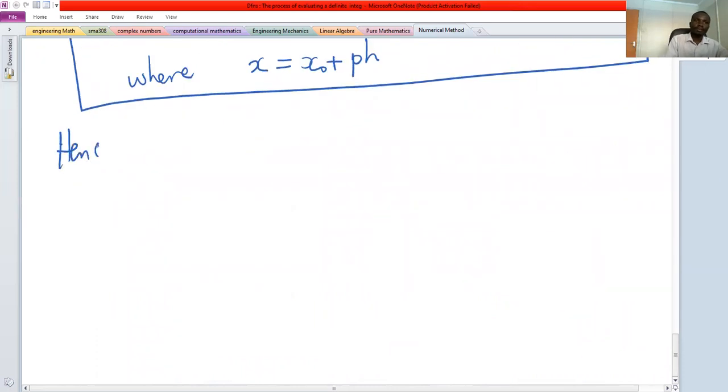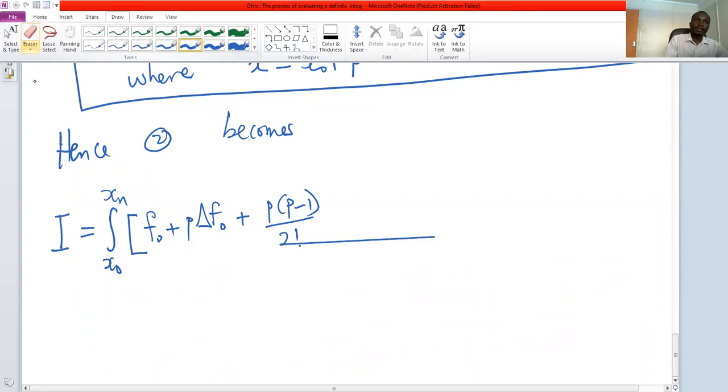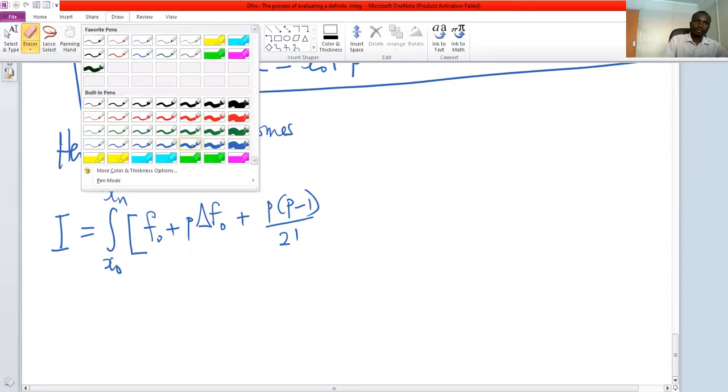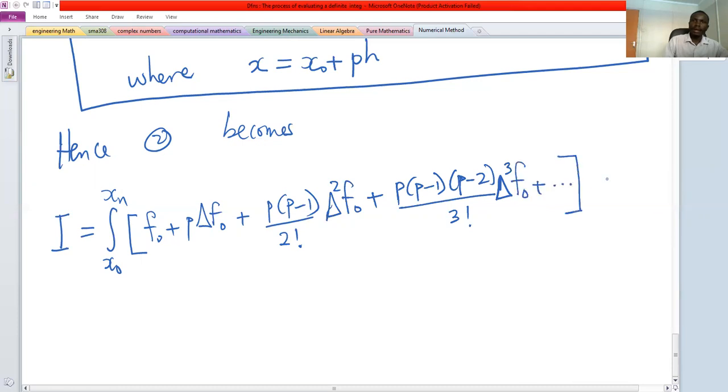Hence, 2 becomes I is the integral from x naught to xn of, now instead of f of x, we write f naught plus p forward f naught, p into p minus 1 over 2 factorial, second forward f naught plus p into p minus 1, p minus 2 divided by 3 factorial, third forward of f naught plus other several terms of the same pattern, and then dx.